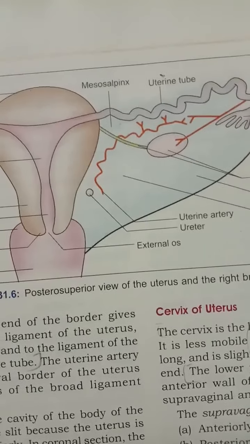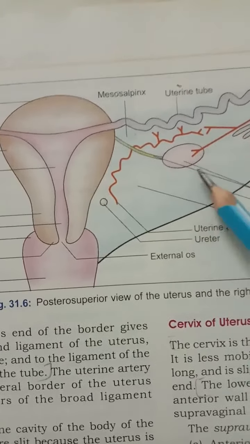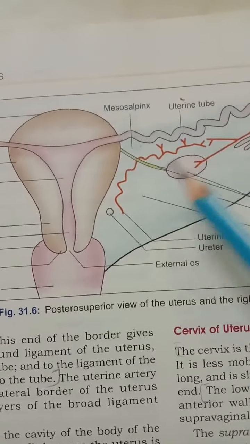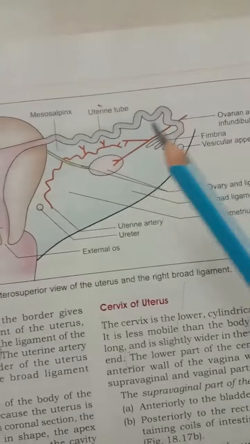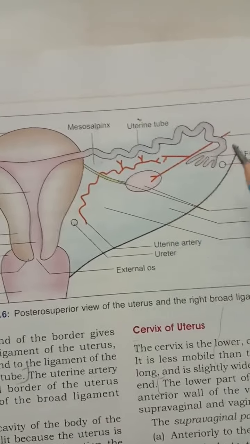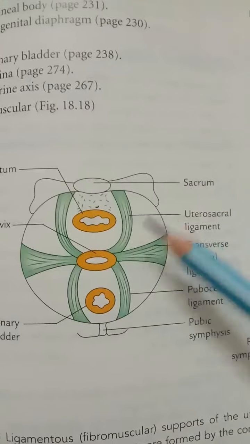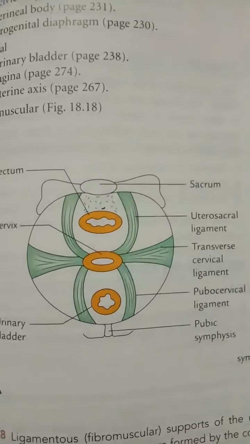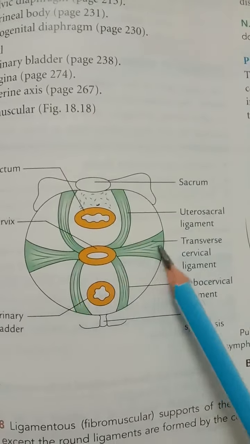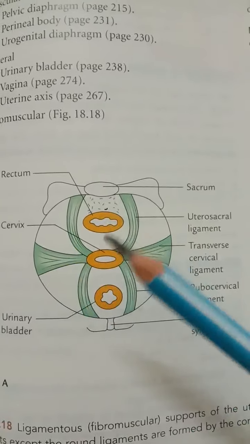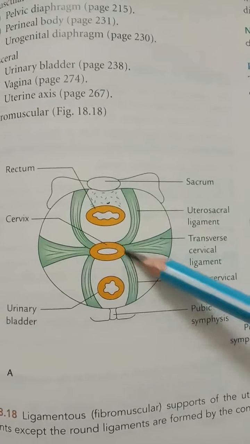After that, let's see the supports of the uterus. Before starting the supports of the uterus, we should know about the fibromuscular band, or the true ligament. The true ligament gives support to the uterus, and it consists of the round ligament of the uterus, the transverse cervical ligament, and then the uterosacral ligament, this one.